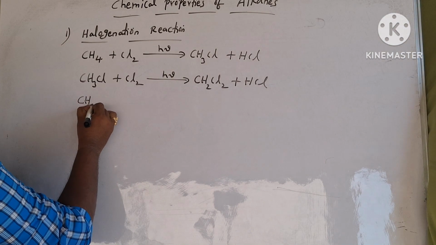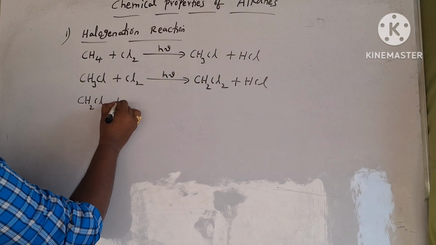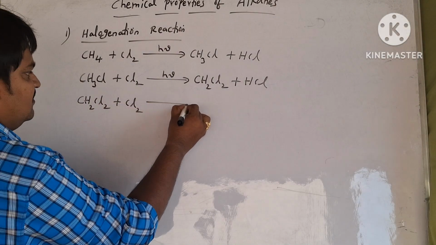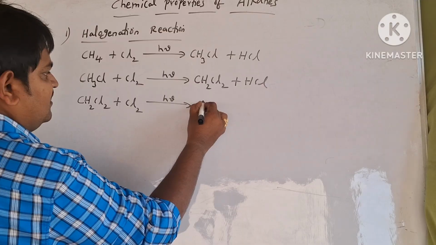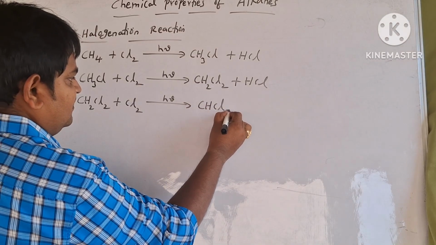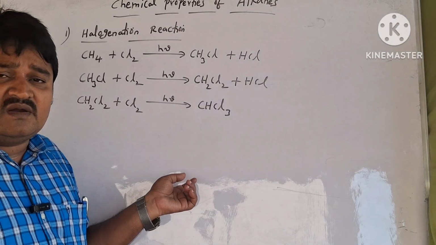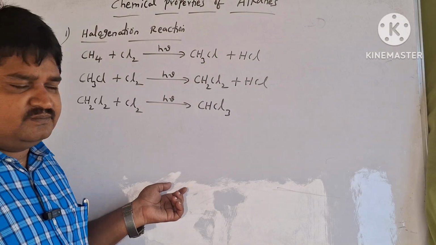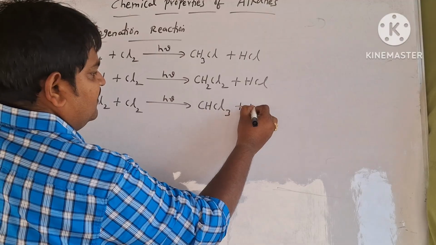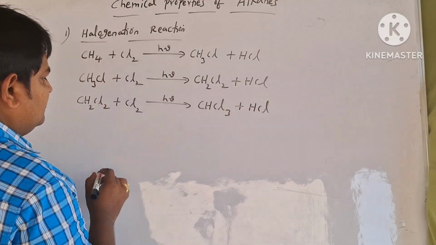Whenever dichloromethane, on reacting with chlorine in the presence of sunlight, will form the corresponding CHCl3. It is named trichloromethane. It is also named chloroform, and it will form the corresponding HCl.